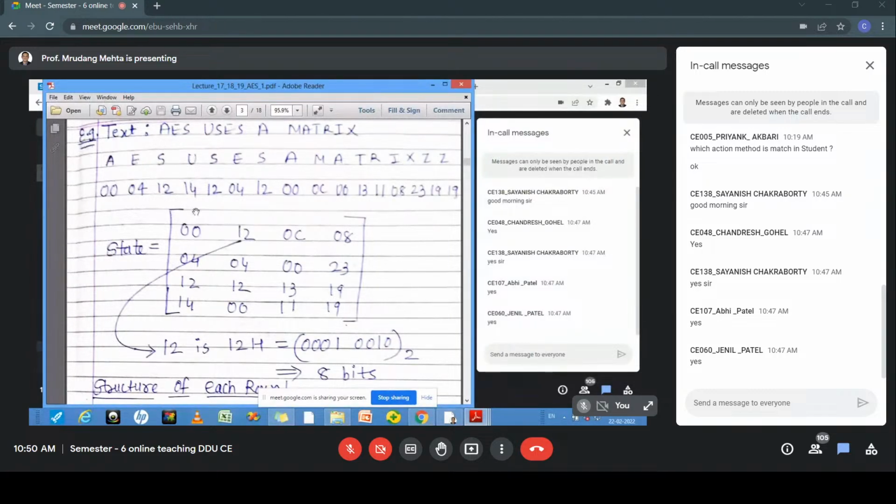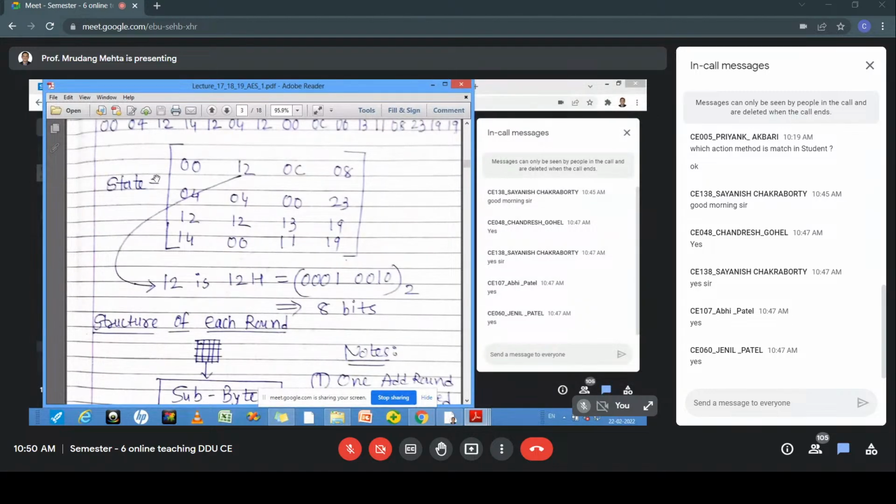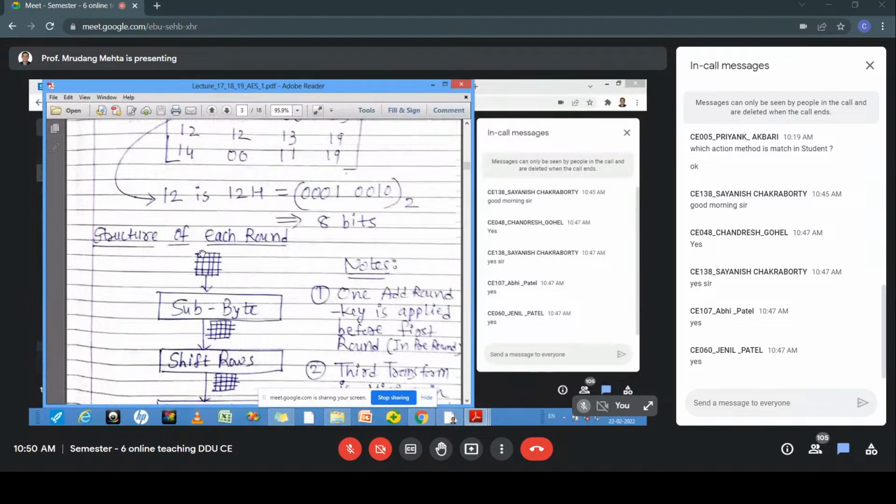Now this is modulo 26, right? So you represent each number as a byte. So instead of 0, we write 00 to indicate it as a byte, and it is written in hex. So the values represented are hex values.